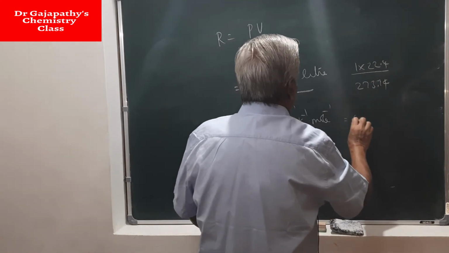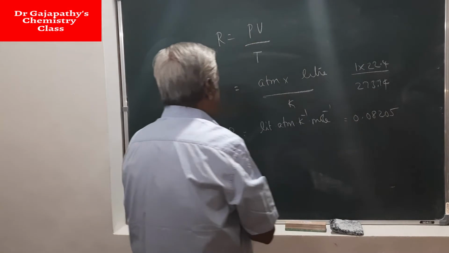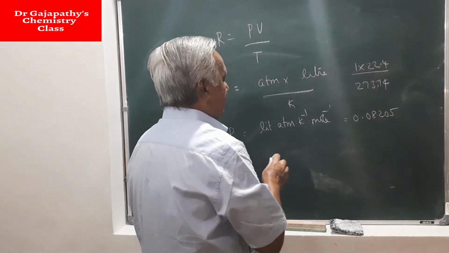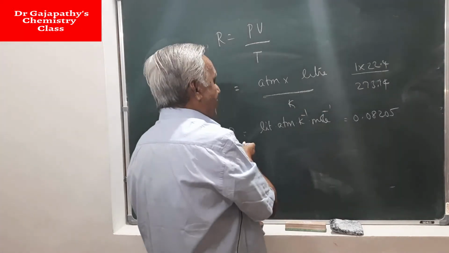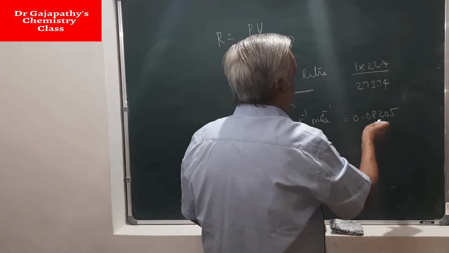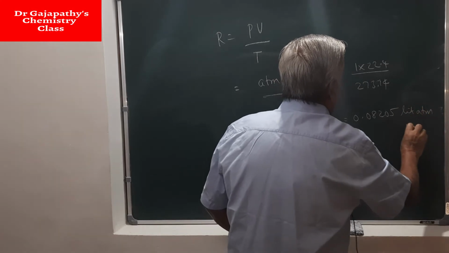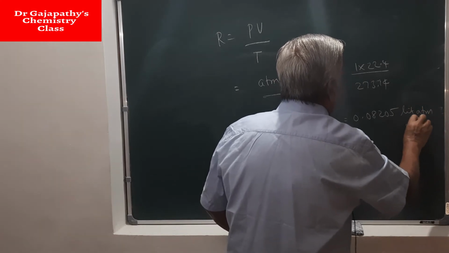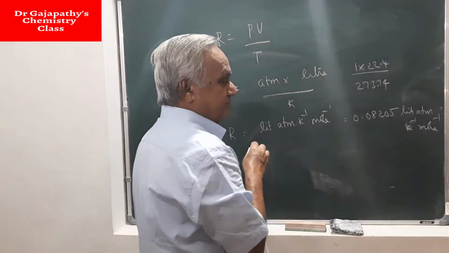This will work out to 0.08205. So if you substitute in terms of liter, atmosphere, etc., the value of R is 0.08205 liter atmosphere per Kelvin per mole.